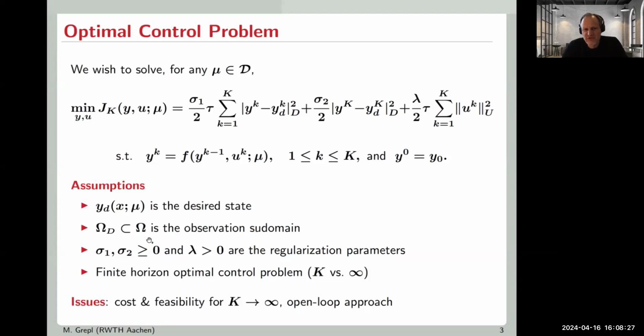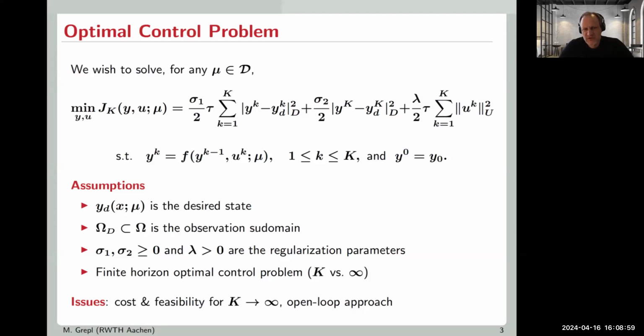But of course, the issue is that the solution of this control problem becomes more and more expensive as k grows. And also, if k goes to infinity, the solution may not be feasible anymore to obtain.